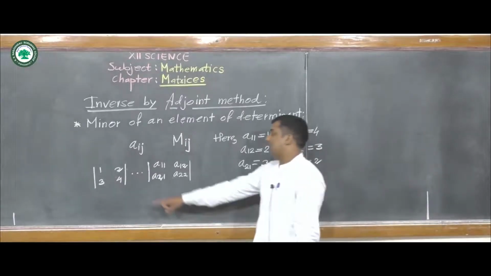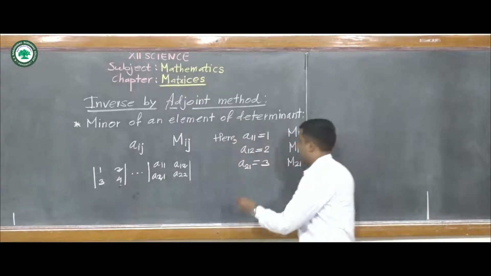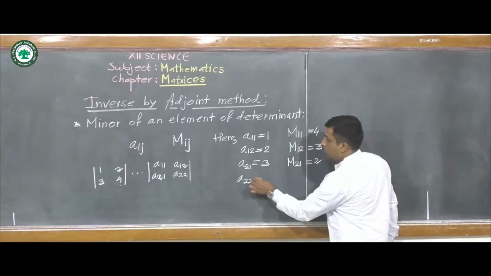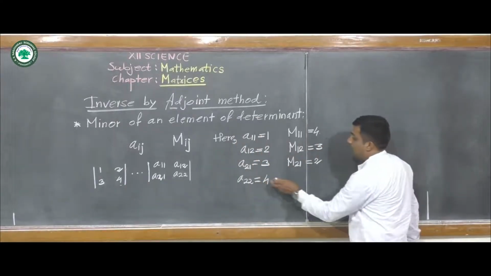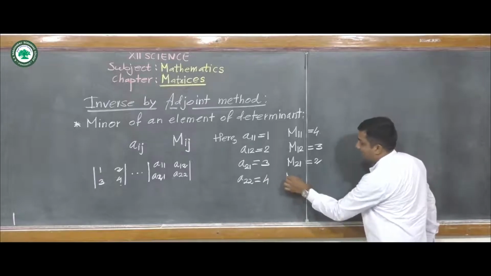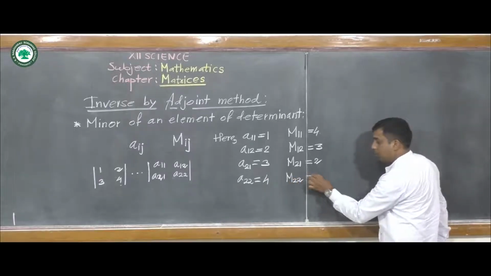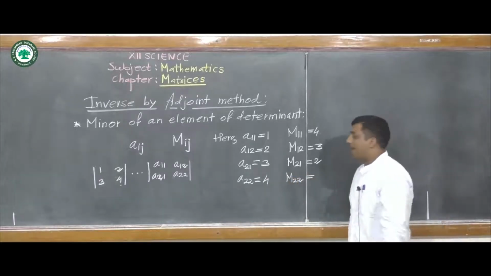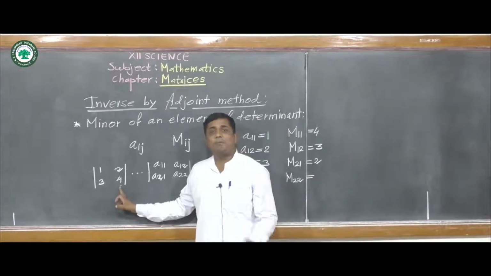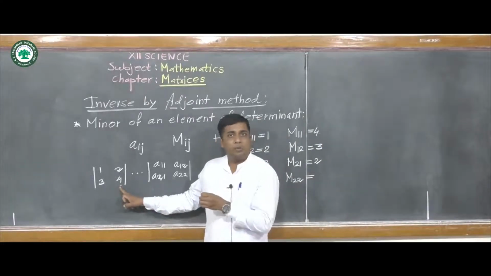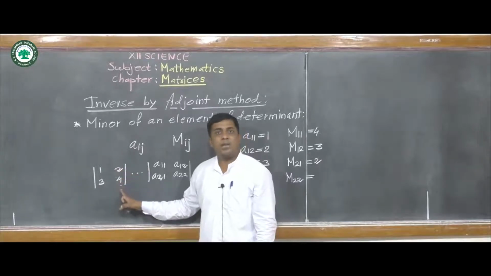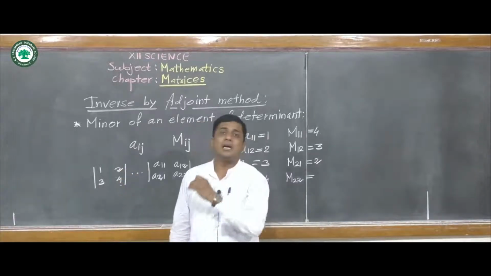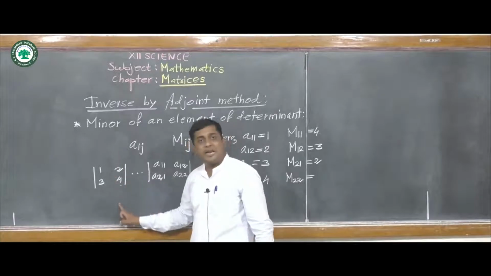Then for the last element, A22, which is 4, the notation for the minor is M22. To find the minor, we consider the position of 4, which is in the second row and second column.